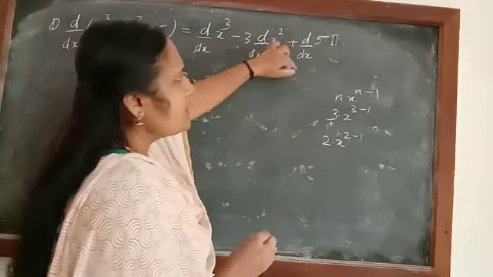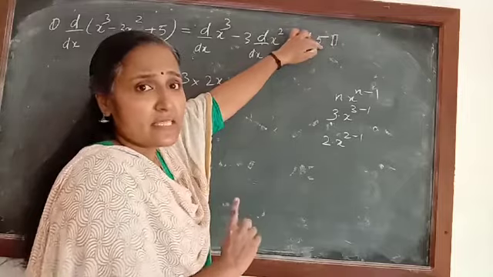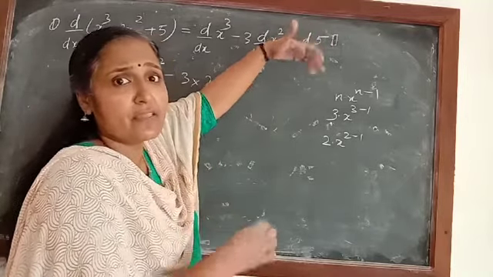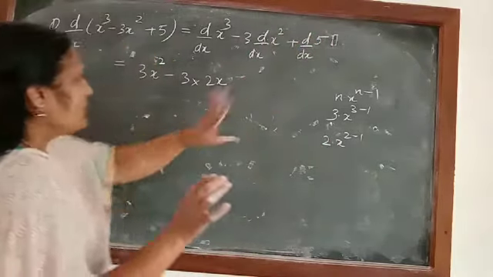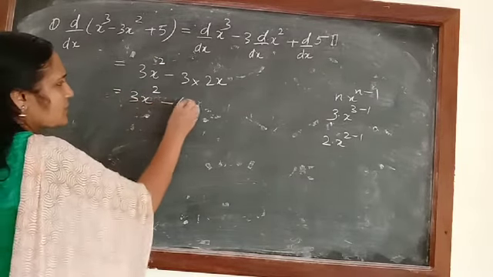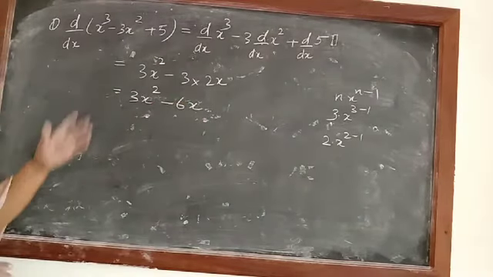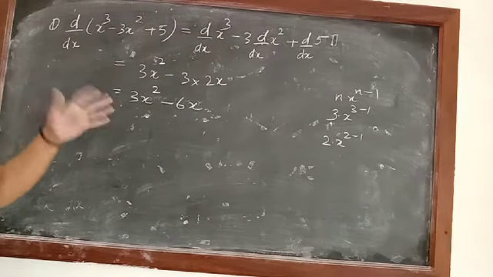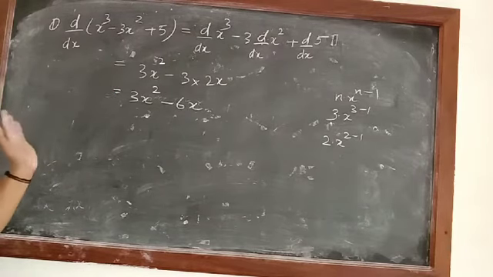Now what will be the differentiation of a constant? Just now we said it is 0, so we don't have to write that term. So our answer will be 3x square minus 6x. This much only you have to do, just apply the formulas which we studied here.